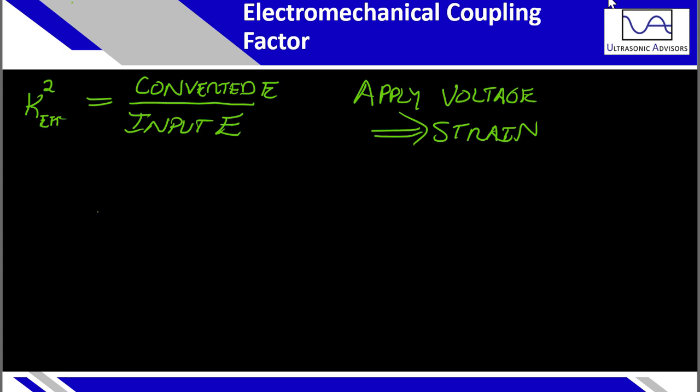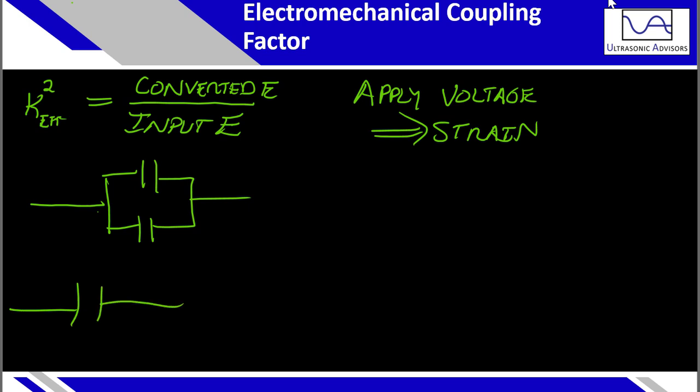If we look at our off-resonance capacitor, the external voltage source applies voltage, and charges are developed according to what it sees from the entire system. That's the input energy. Then the resulting effect is that some of the energy goes into capacitance, intrinsic or static.